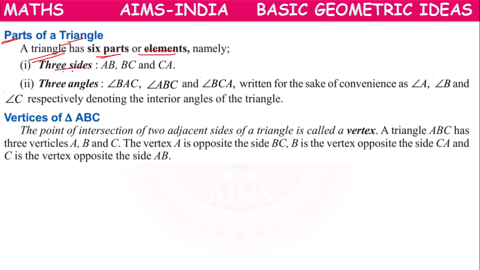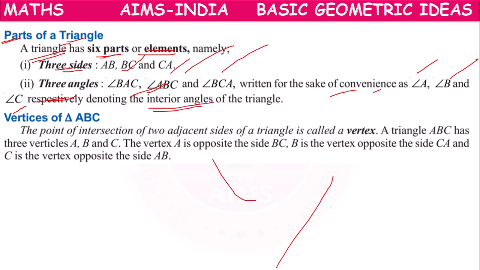We can name them as angle A, angle B, angle C for our convenience, or angle BAC, angle ABC, angle BCA, which represent interior angles. They are present in the interior part of the triangle, so they are called interior angles.